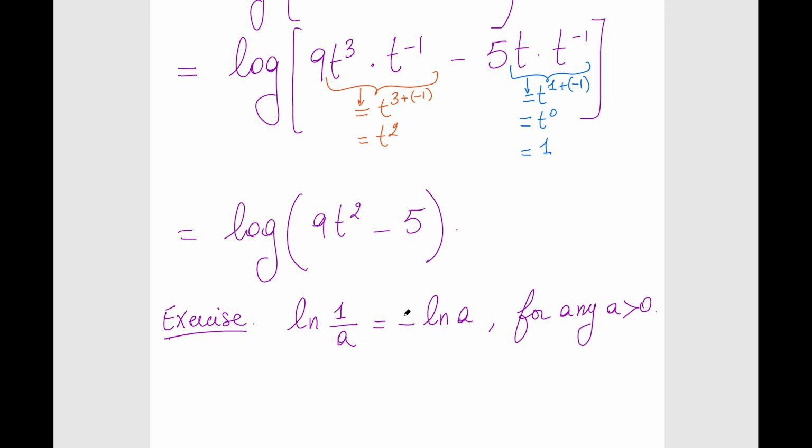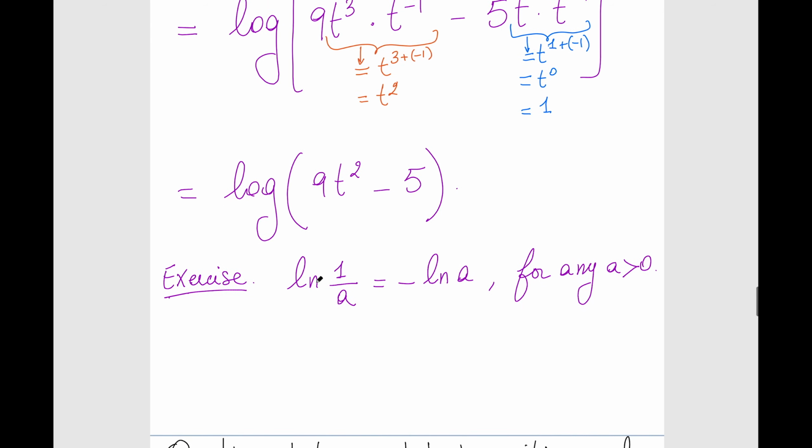So let's try to show that these are the same. The left-hand side, which is ln of 1 over a, is equal to, by property 2, ln of 1 minus ln of a, because 1 over a is a quotient.